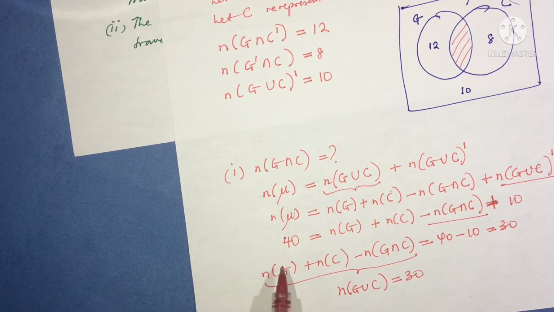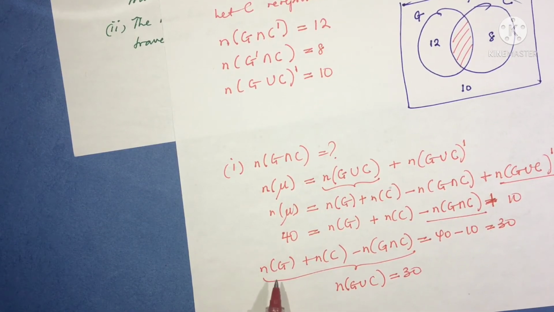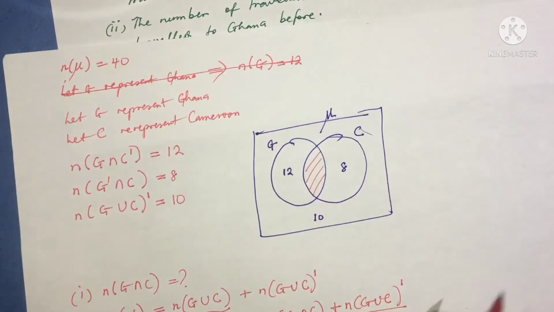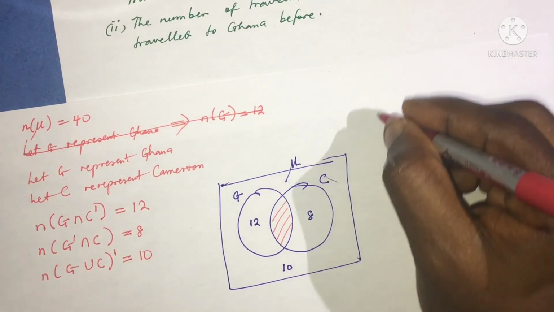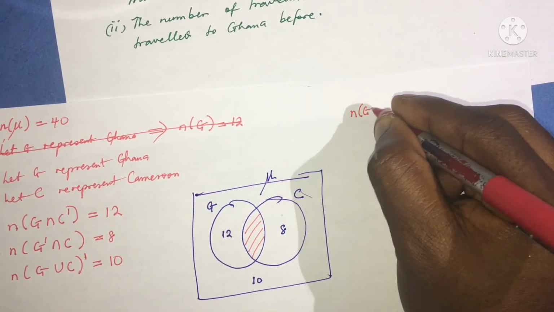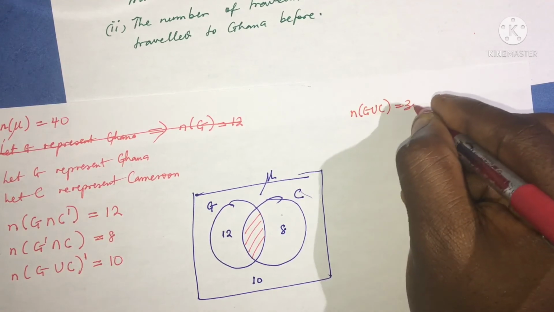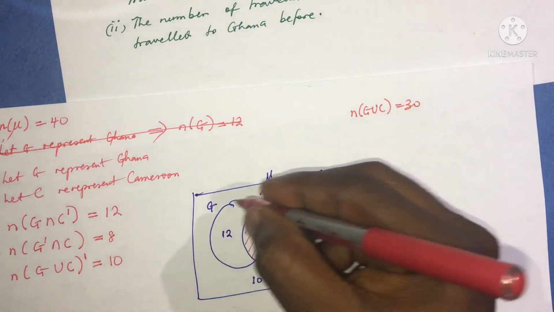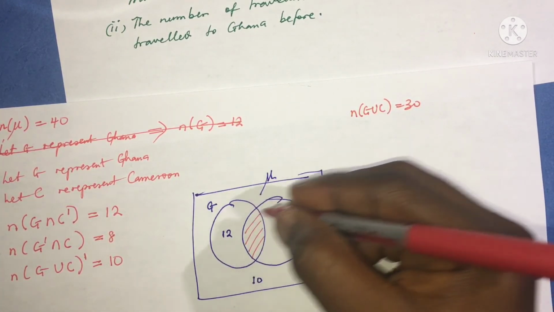If you have n(G) and you have n(C) and you subtract the intersection, it will give you the cardinality of the union. So we now have the cardinality of the union to be 30. That is everybody in this set is 30.